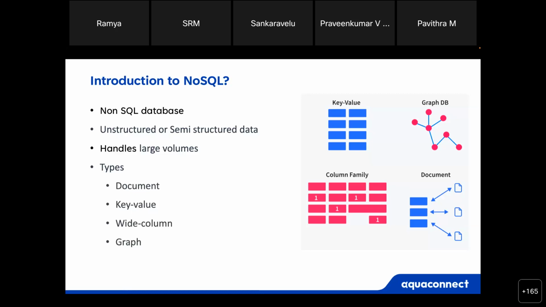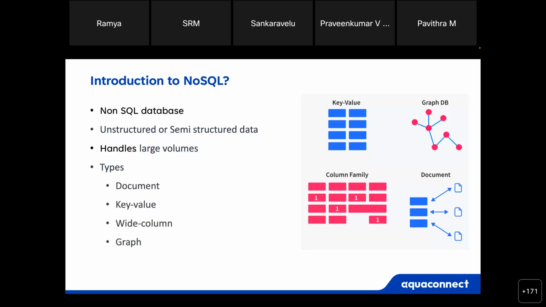NoSQL stands for non-SQL or not only SQL, or non-relational databases. It is used to store unstructured or semi-structured data. Then what is unstructured data? Data that doesn't have a predefined data model is called unstructured data.